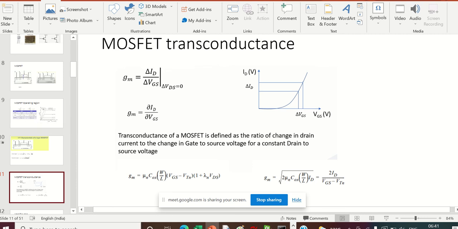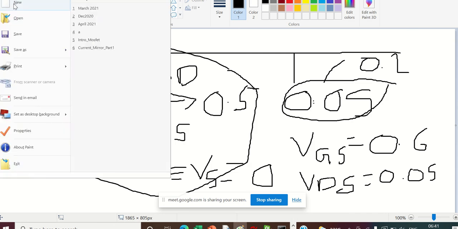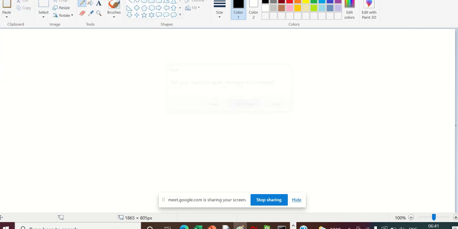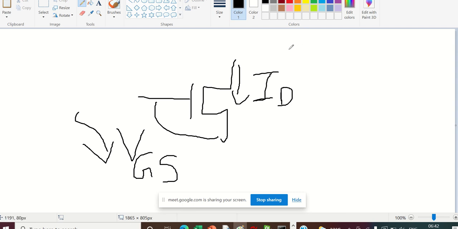Why voltage? In a MOSFET, mainly what we apply is VGS, that is voltage. What we get out of it is the current ID. So the input is voltage, the output is current.